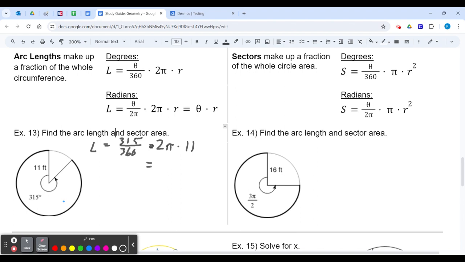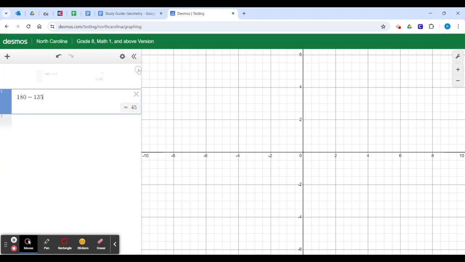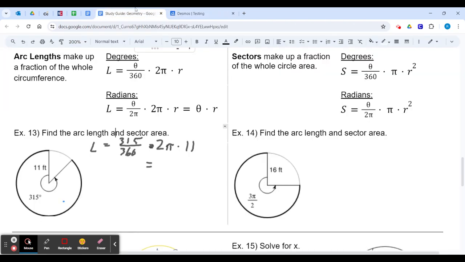Let me clear out some stuff in Desmos: 315 over 360 times 2 pi times 11. That gives me 60.5. Let's round to one decimal place here for the sake of space, and that is in feet.